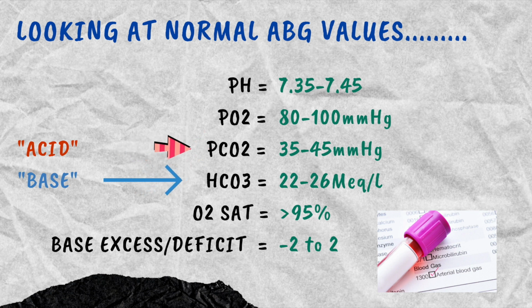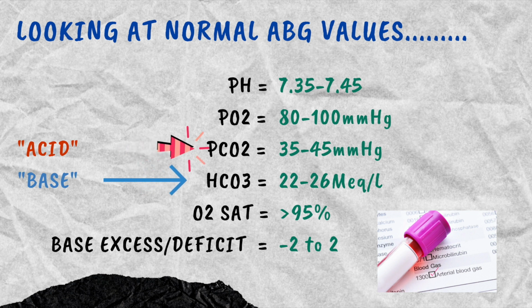And then you have an O2 sat, which would be your sat that your oxygenation is showing on your monitor. And then you have base excess/deficit. And it matters only to which it is. If it's positive, it's an excess. Negative is a deficit.